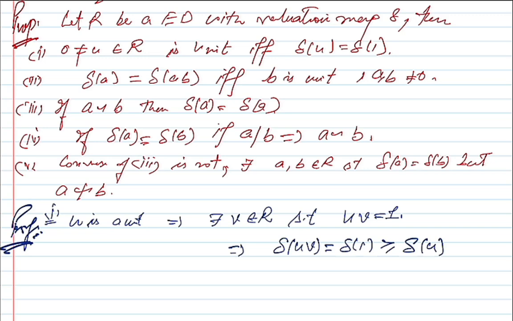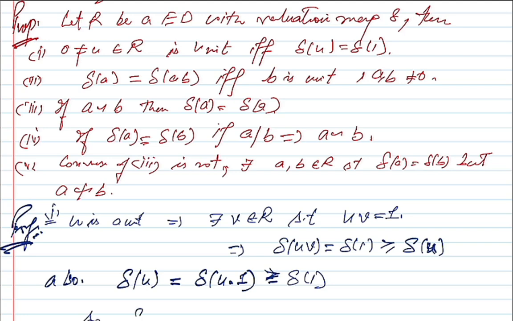That is the second property of valuation. Also, delta of u can be considered as delta of u into 1, so that is greater than or equal to delta of 1. So delta of u is equal to delta of 1.